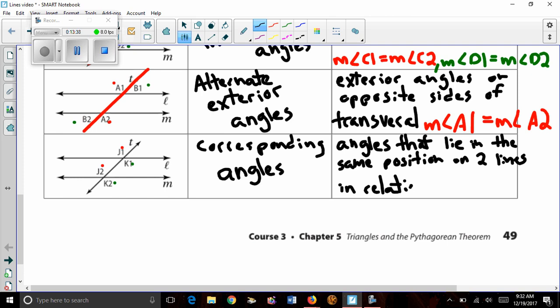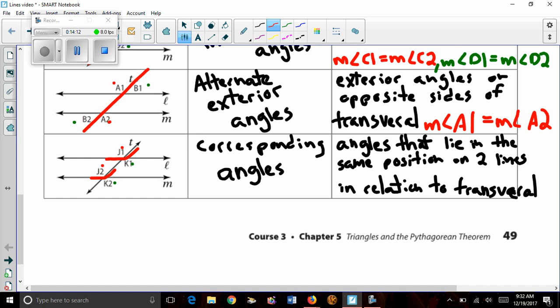Now, it's a lot of words just to say we have two angles, and if we look at those two shapes, here and here, it shows that along that transversal, J1 and J2 are in the exact same position on their respective lines.